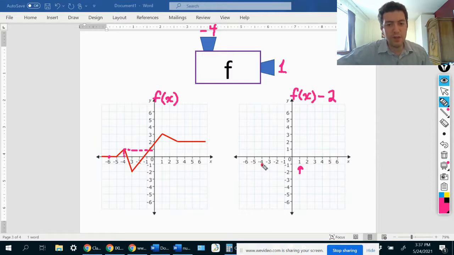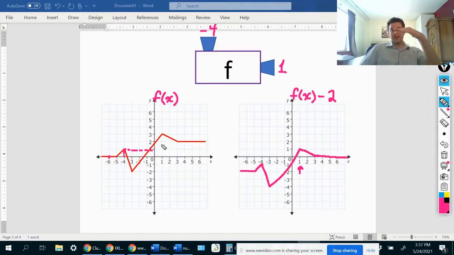Okay, and we could keep doing that with all the numbers. And in the end, we're just going to see that everything is 2 spaces less than where it was before. So everything has been translated 2 spaces down from where it was over here, going from here to here. Okay, so this is not too hard.